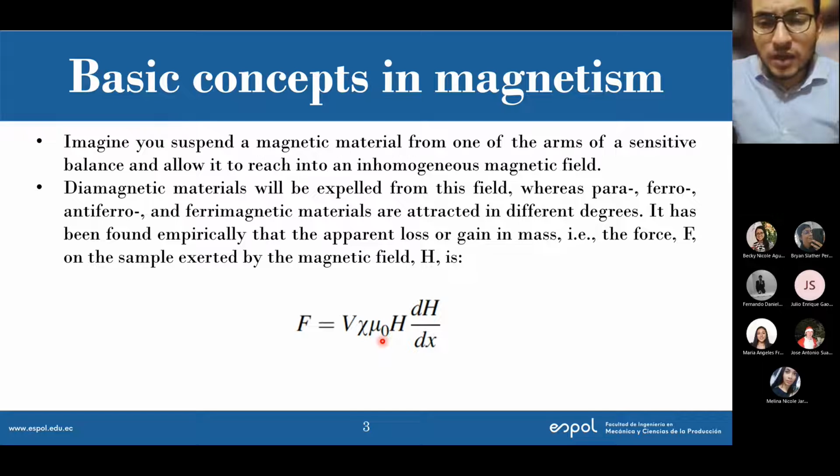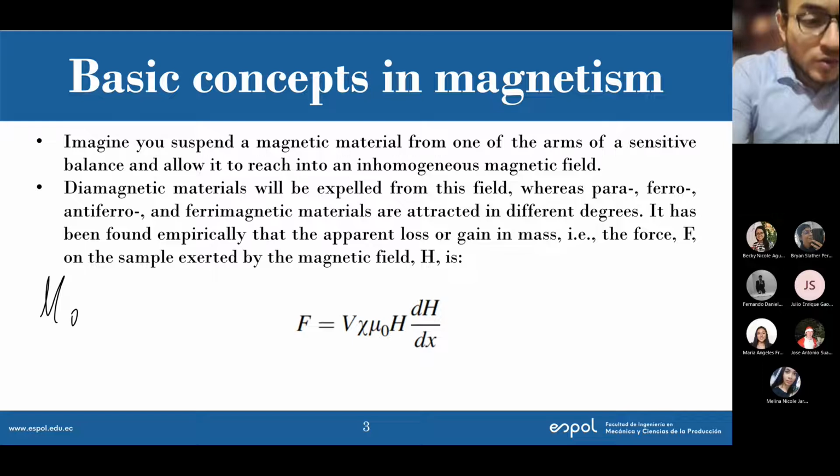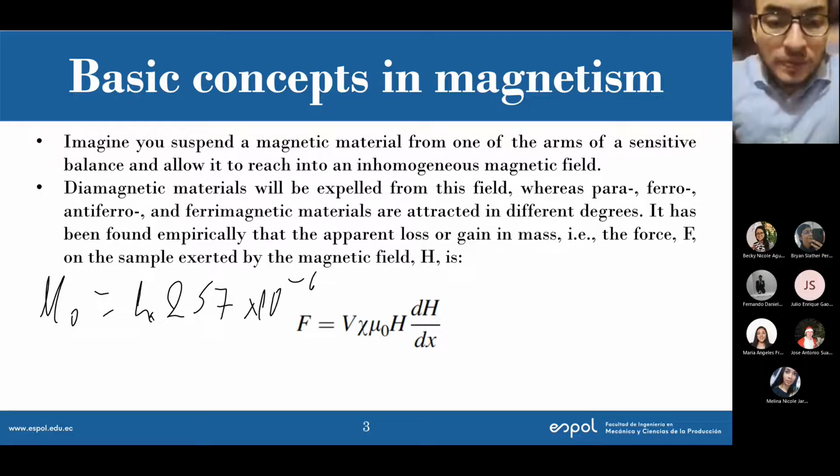The value is 1.257 times 10 to the minus 6. Let me just write that, so mu naught equals 1.257 times 10 to the negative 6. Okay.